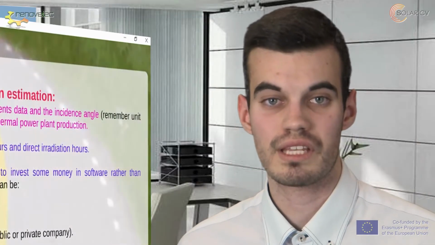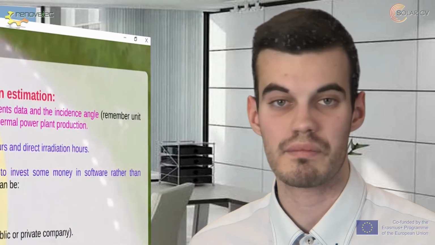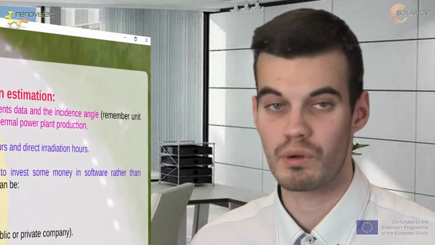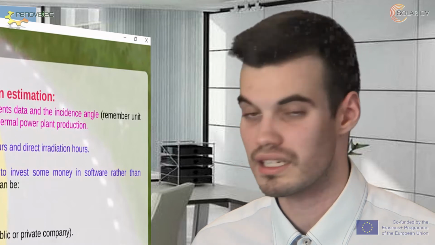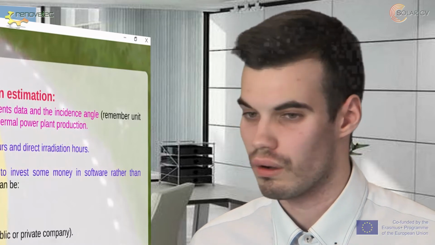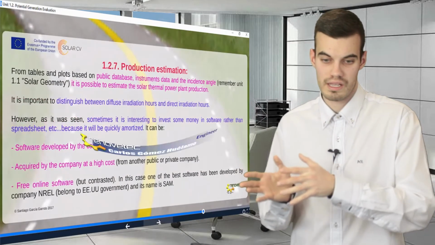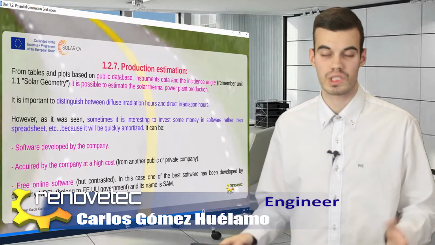Another important concept is production estimation. We can estimate the production of the solar thermal power plant with public databases, instrument data, and the incidence angle. Although nowadays it's very important to take into account that some software is available.